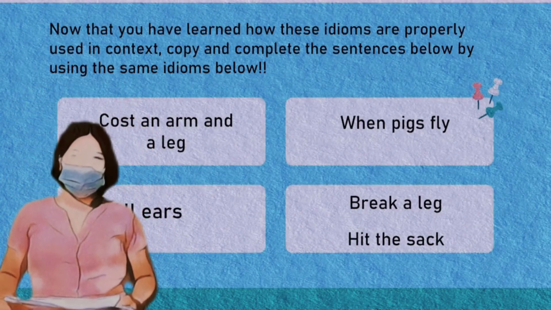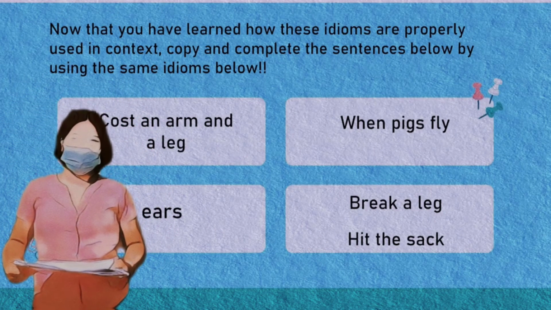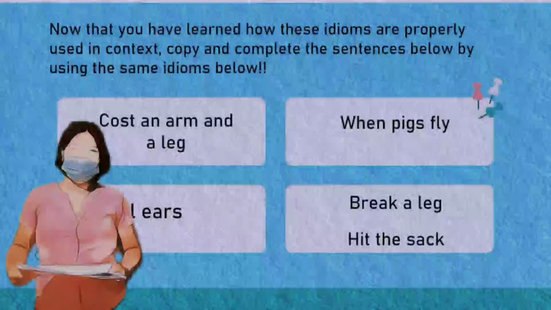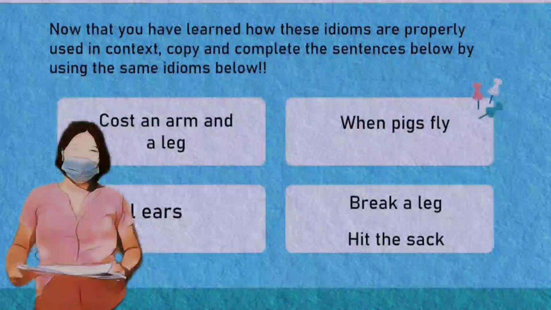Now that you have learned how these idioms are properly used in context, copy and complete the sentences below by using the same idioms. Cost an arm and a leg. All ears. When pigs fly. Break a leg. Hit the sack.